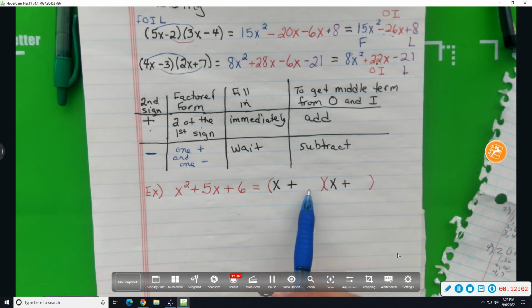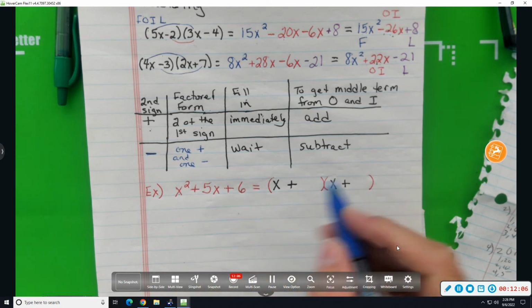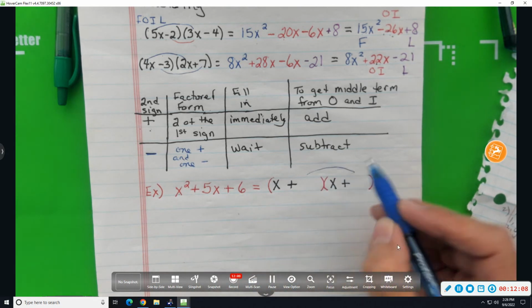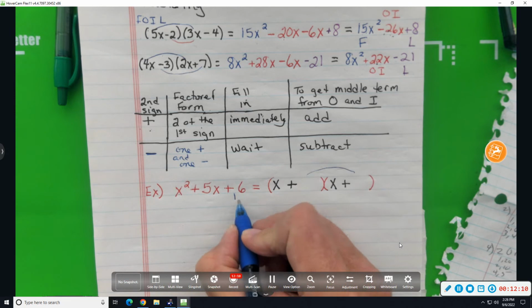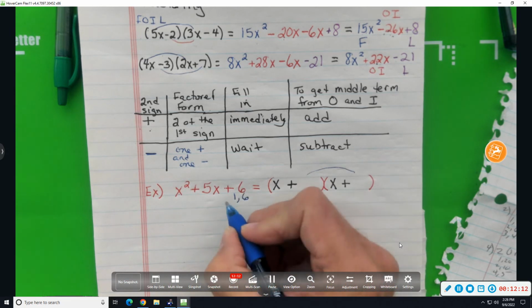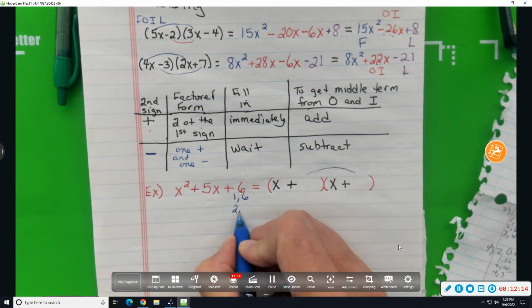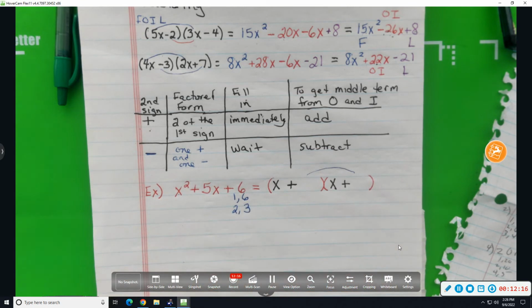Now, in the last position, I have to put numbers that multiply together to give us 6. So I'm thinking this through. What numbers multiply together to get us 6? Well, there's 1 times 6 and 2 times 3. Which pair of numbers should I try?